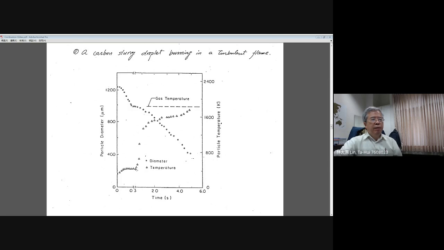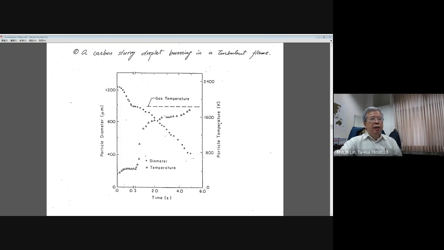You can see the temperature starts to increase very fast. The droplet size follows almost a linear curve, and the rest of the period represents the burning of the carbon particle.